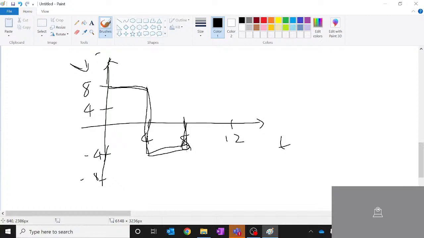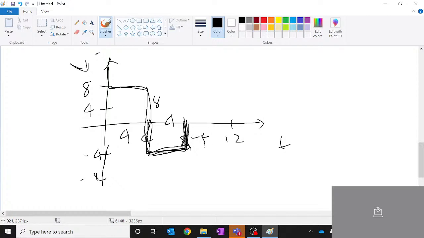Now if I ask you to find the displacement, all you have to do is find the area of this. The area of this is nothing but 4 into 8. But here, in this rectangle, even though this is 4, this is -4. Clear?